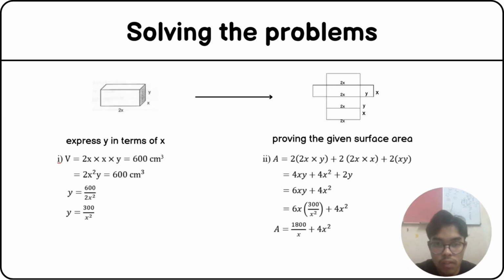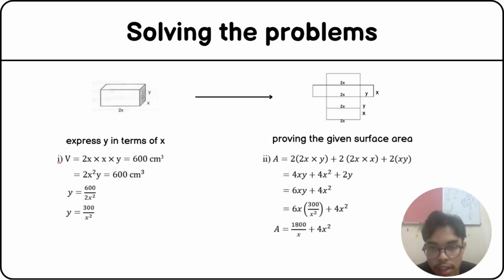Okay, for the problem solving session, let's go to the first question, which is to express y in terms of x. As we know, to calculate the volume, we need to multiply x times x times y to get the total volume. So from the equation, we can see that V is equal to 2x times x times y, equal to 600 centimeter cube.